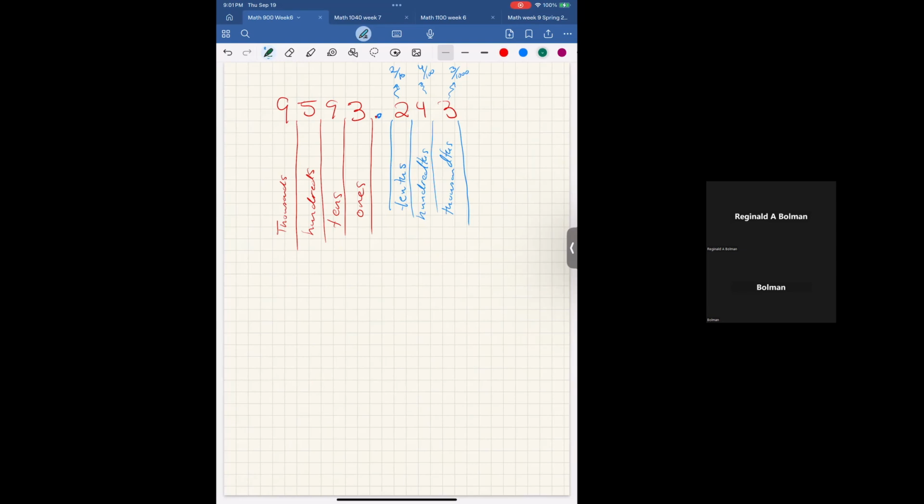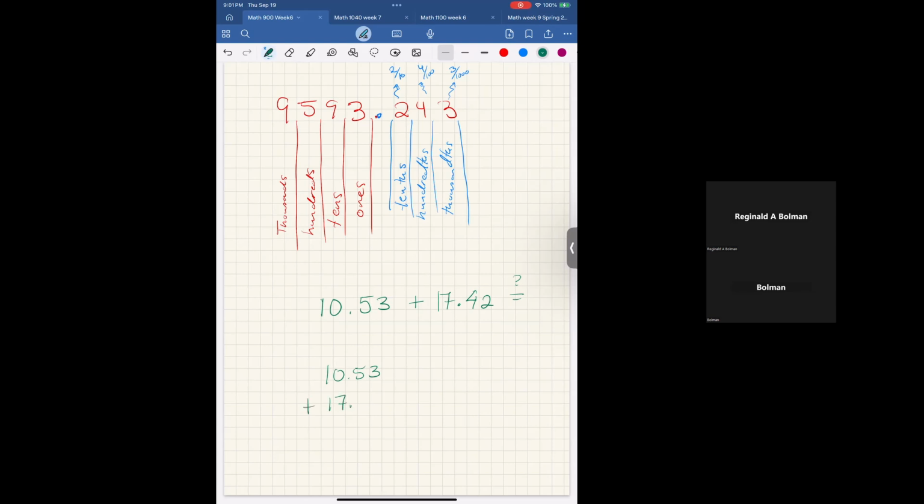So for example, if you have, say, 10.53, and say we wanted to add this quantity with 17.42, and we wanted to know what this is equal to. Well, 10.53 is just 10.53.